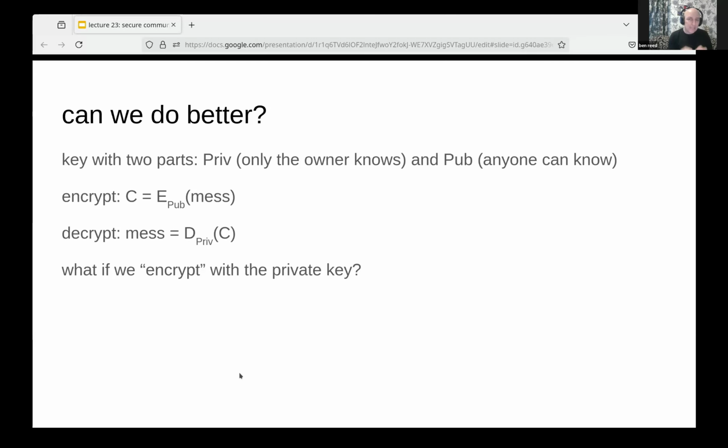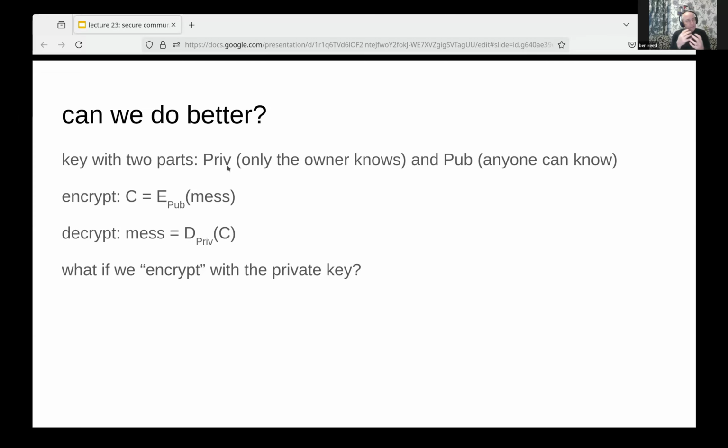With public key encryption, instead of the two communicating parties sharing the same key, we generate a key in which the key has two parts. One part is called the private key. This is the part of the key that only the owner knows. And this is very important to keep in mind. Only the owner knows this private key, this secret that corresponds to the key.